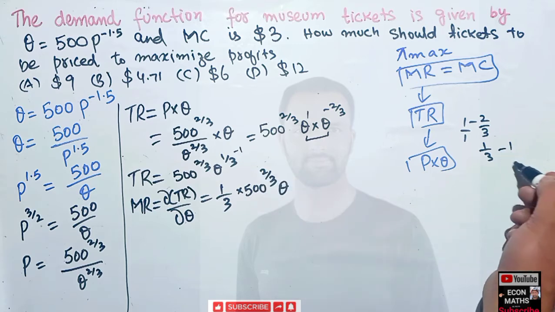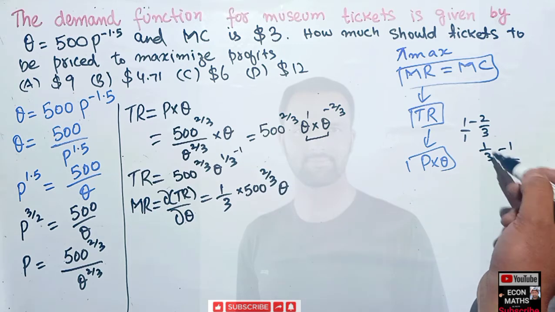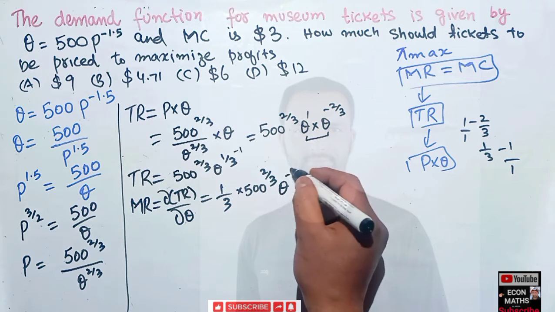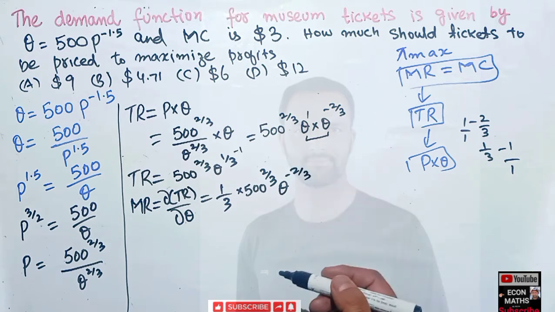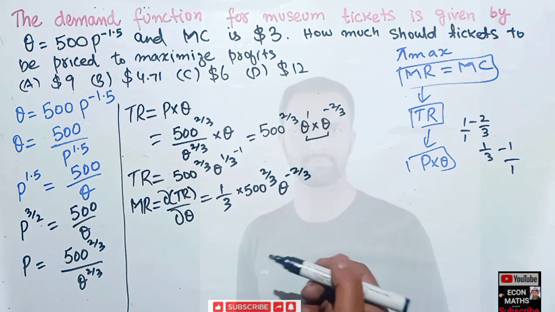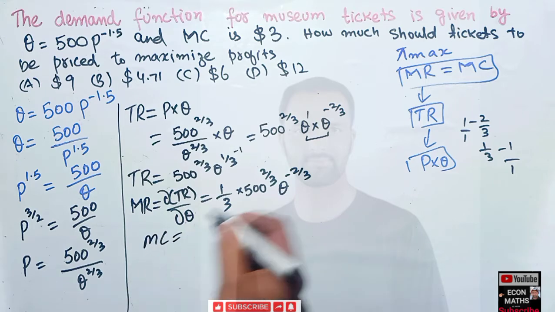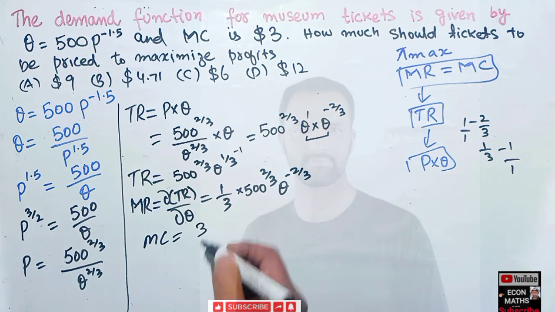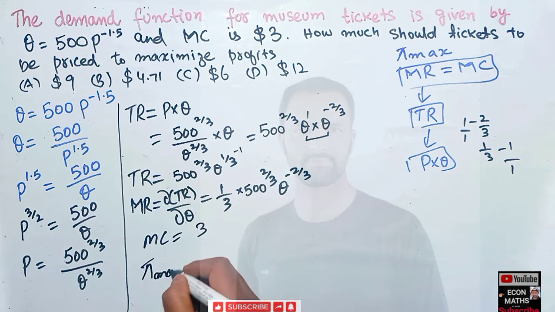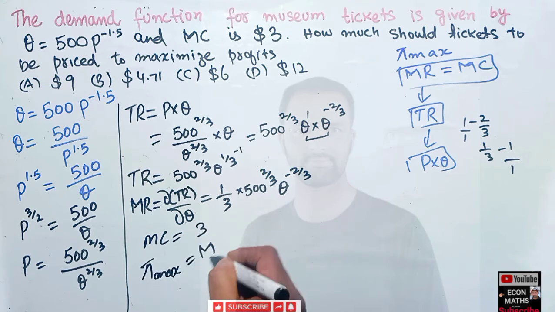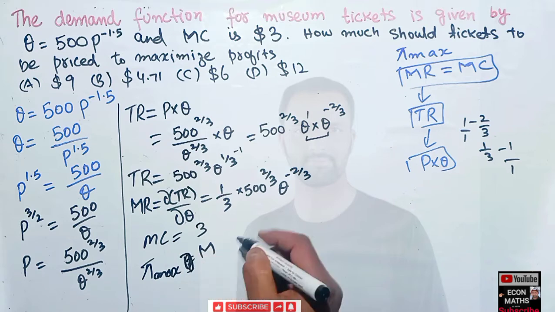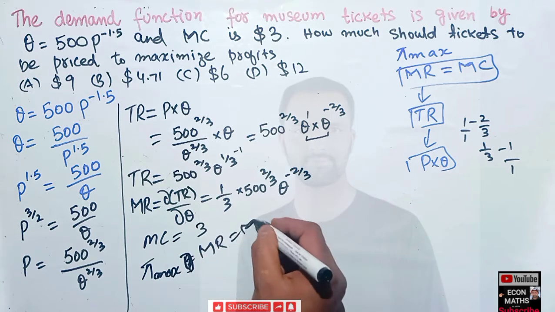Now what is this? This is simply 1 upon 3 minus 1, which comes out to be minus 2 upon 3. Okay, this is our marginal revenue. What is our marginal cost? Marginal cost is $3. Now profit maximization requires our marginal revenue should be equal to the marginal cost.